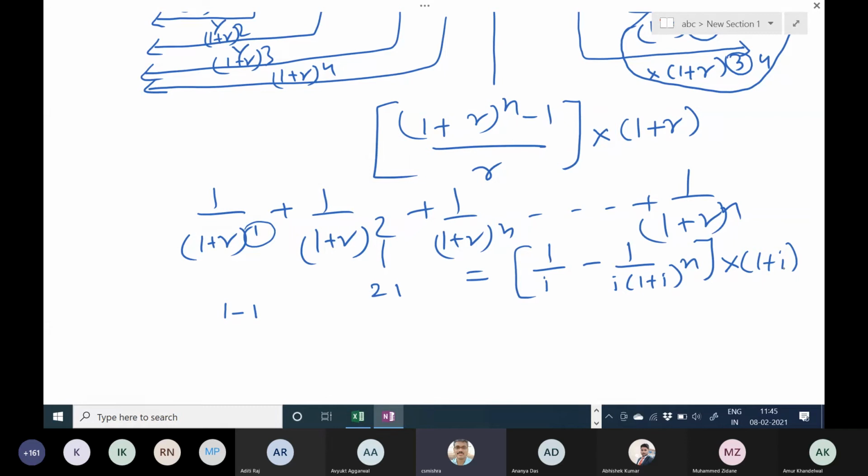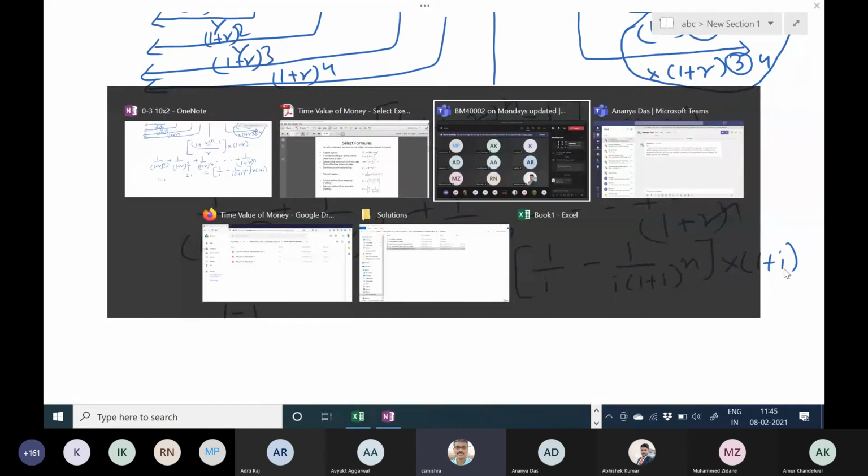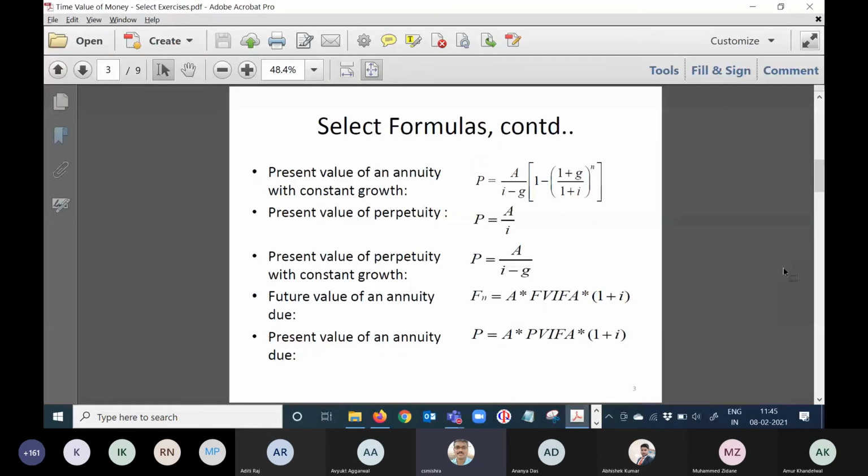Whether future value annuity or present value annuity, to convert ordinary annuity to annuity due, you just multiply by 1 plus r. Don't divide. In both cases multiply by 1 plus r. So be careful about that.